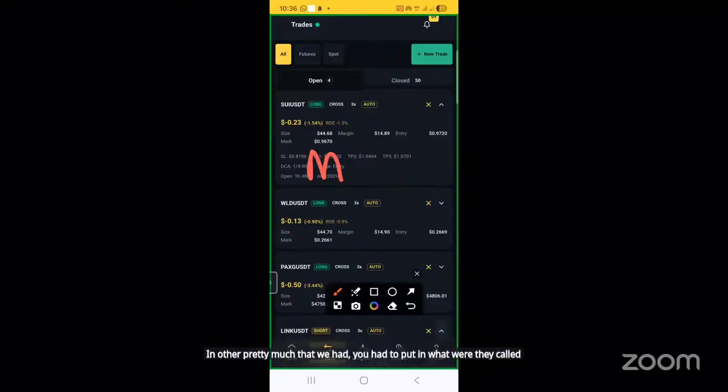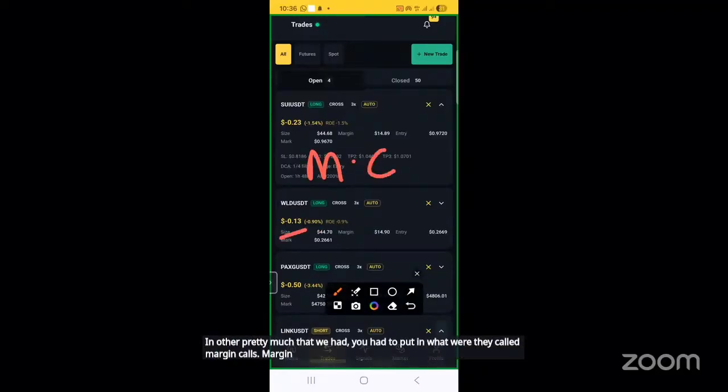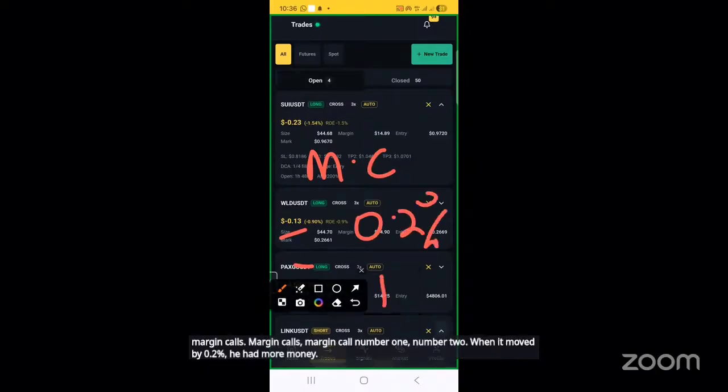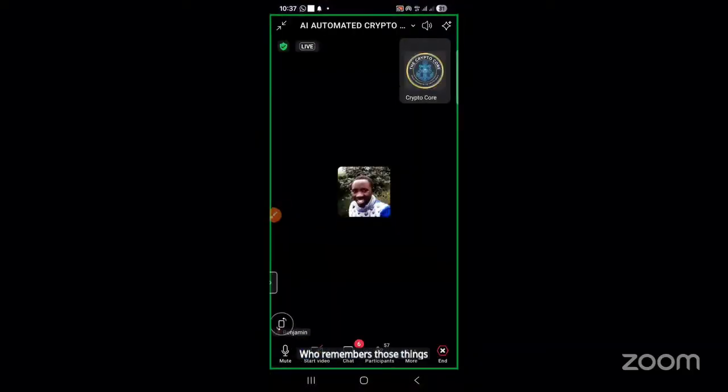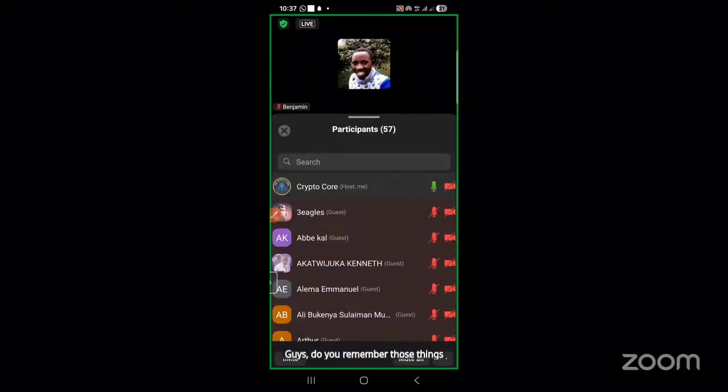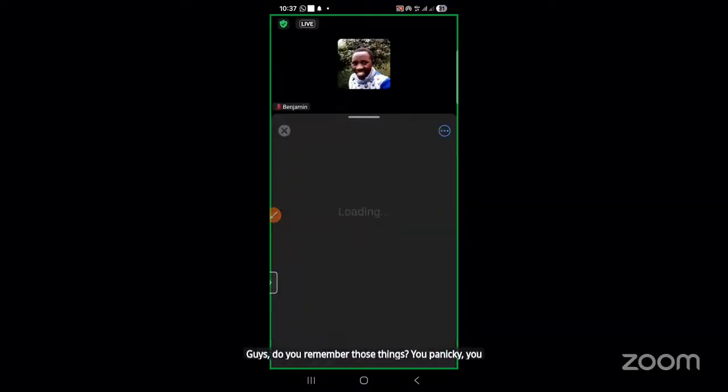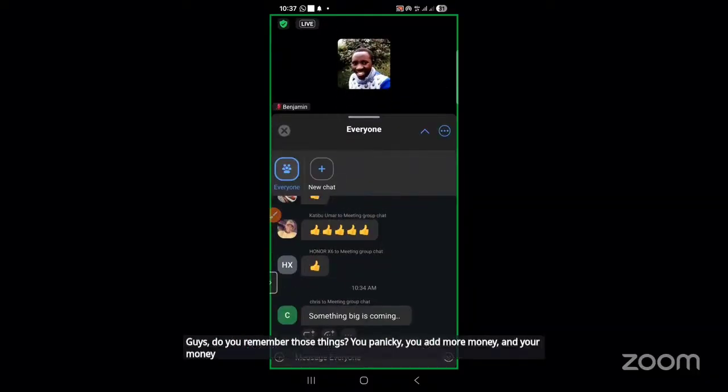Margin calls. Margin call number one, number two. When it moves by 0.2%, add more money. When it moves by 1%, add. Who remembers those things, guys? Do you remember those things? You panic, you add more money, and your money goes for nothing.